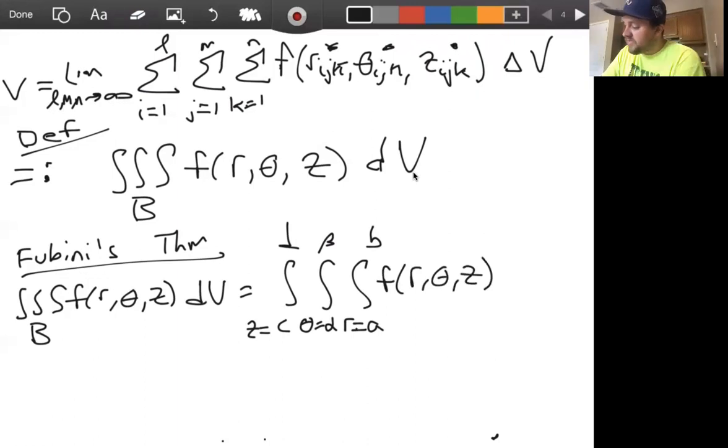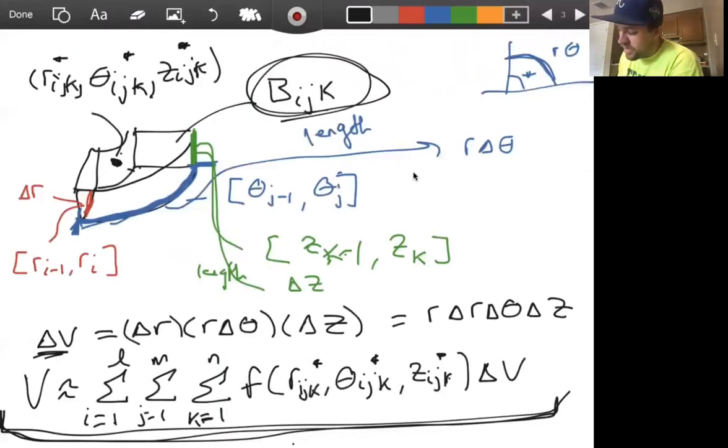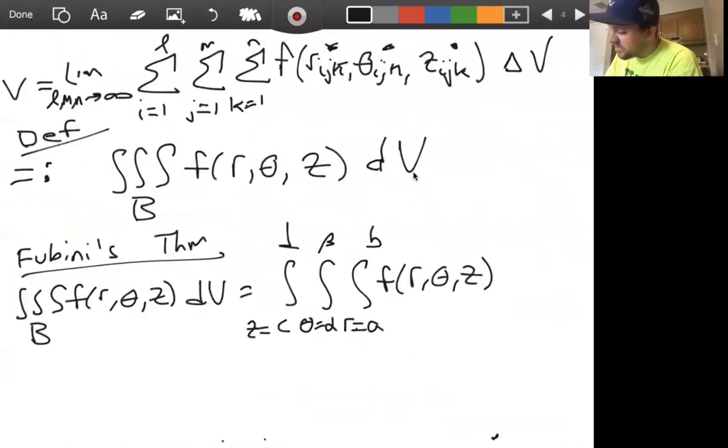And now what is dV, right? dV came from taking the limit of delta V, and delta V was r delta r, delta theta, delta z. And so that means dV is now r dr d theta dz. And so just like when we were defining double integrals in polar coordinates, we now pick up this r, right?